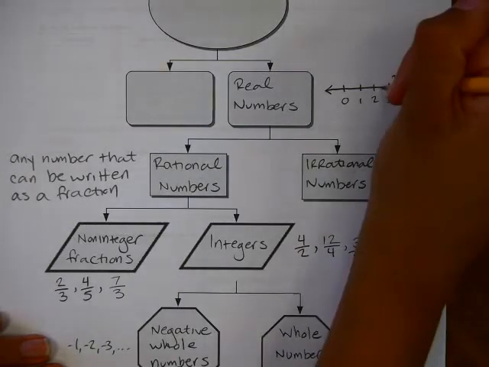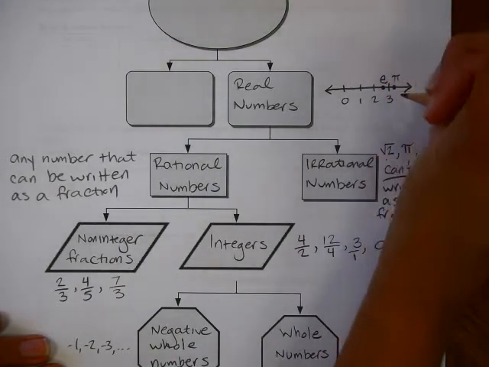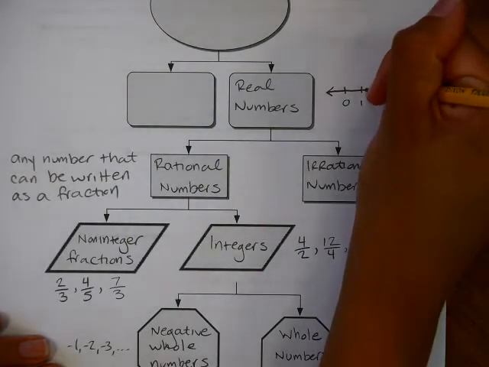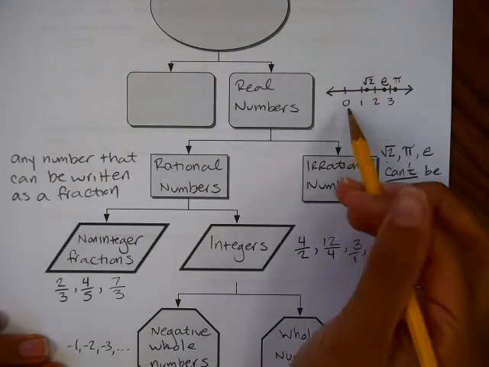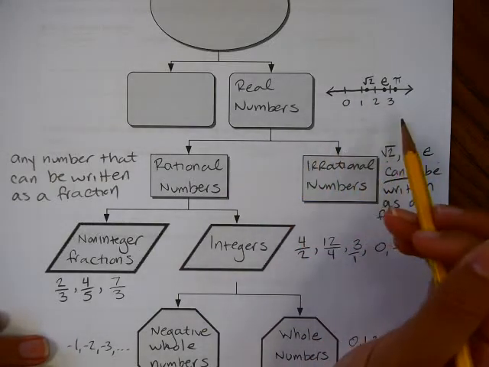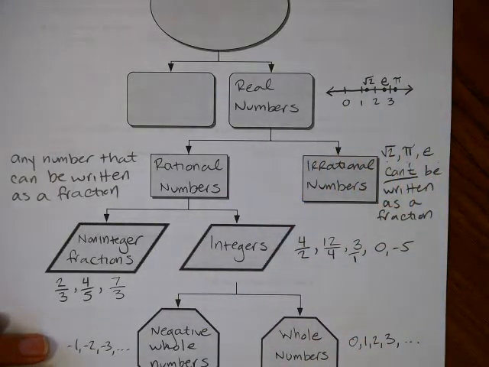E, 2.78, would be here. Even square root of 2, it's about 1.4, is here, as well as all of our integers and fractions and everything else. Real numbers can be found on a real number line.